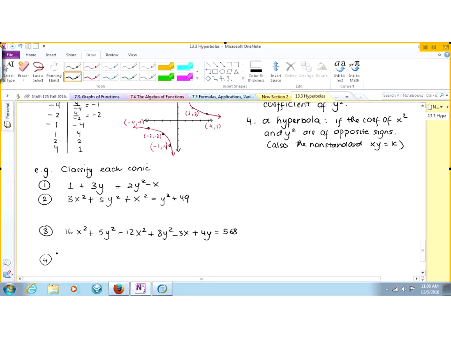And then number 4: 3x squared plus y squared minus x is equal to 2x squared minus 9x plus 10y plus 40.